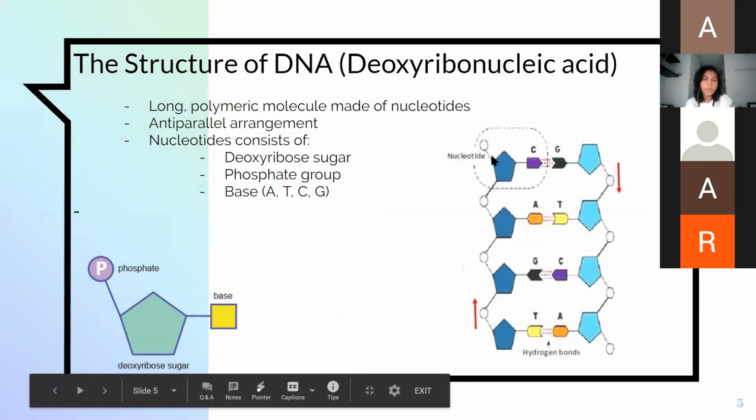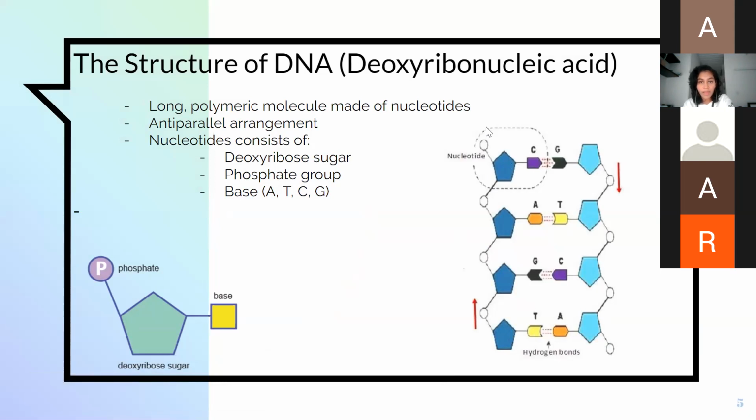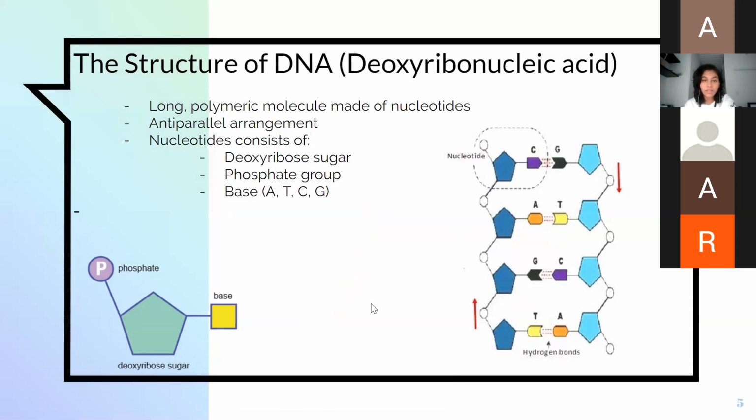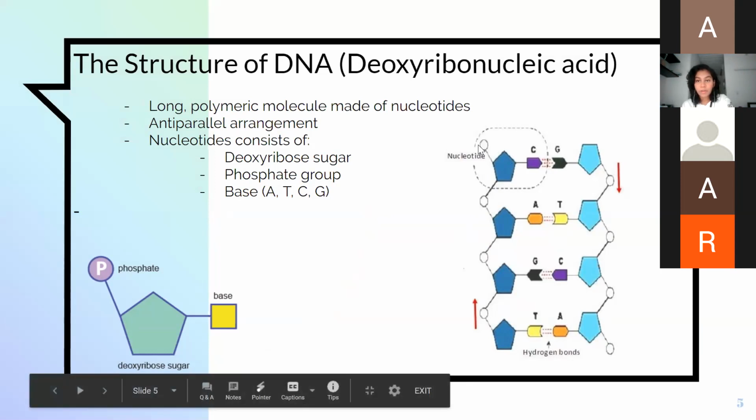It is comprised of deoxyribose sugar, a phosphate group, and your bases. The bases for DNA are A for adenine, T for thymine, C for cytosine, and G for guanine. The main thing about the structure of DNA is that it's an antiparallel arrangement.